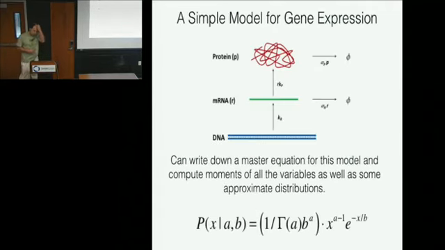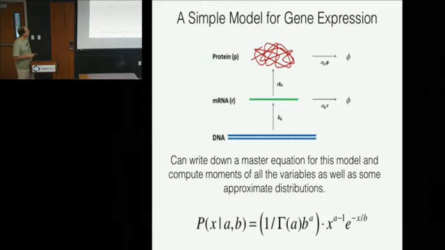So the simplest possible model for gene expression that a physicist can write down looks something like this. DNA makes RNA, makes protein at certain rates, and both the protein and the RNA get digested at certain rates and go away. You can write down a master equation for this model and compute all the moments. Many people have done it. It's pretty straightforward, and you can get some approximate solutions for the distributions.